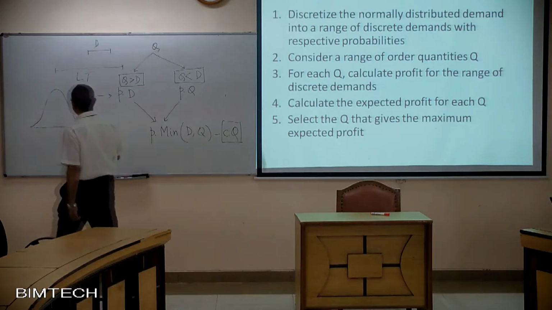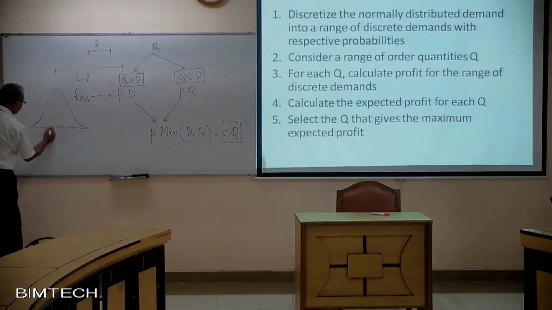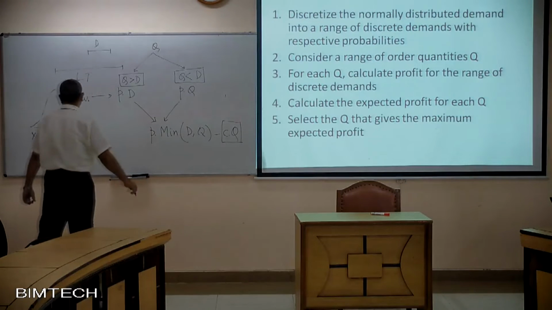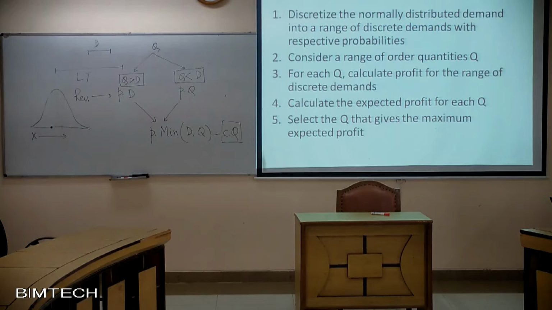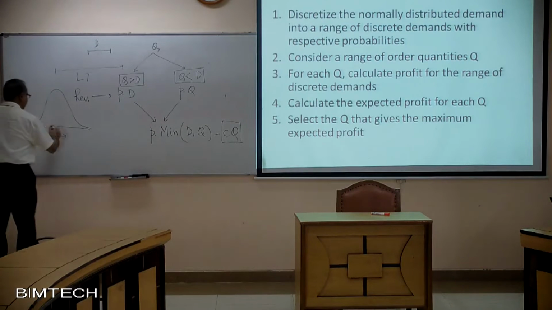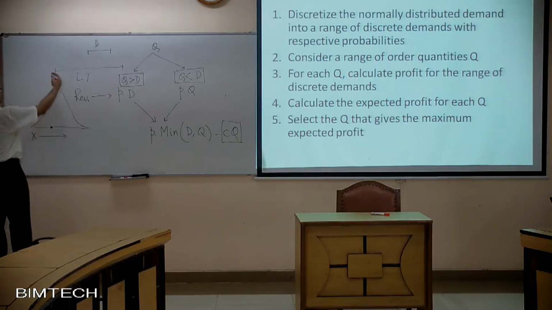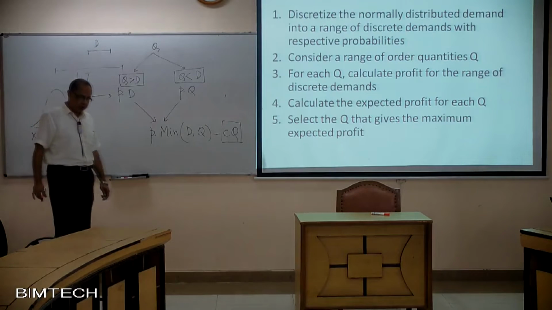Well, in a normal distribution, suppose I want to find out the demand at this point. Remember, I want to find out the probability of the demand at this value. Remember, the demand is increasing in that direction, plotted along the horizontal axis. This gives us the probability of the demand.